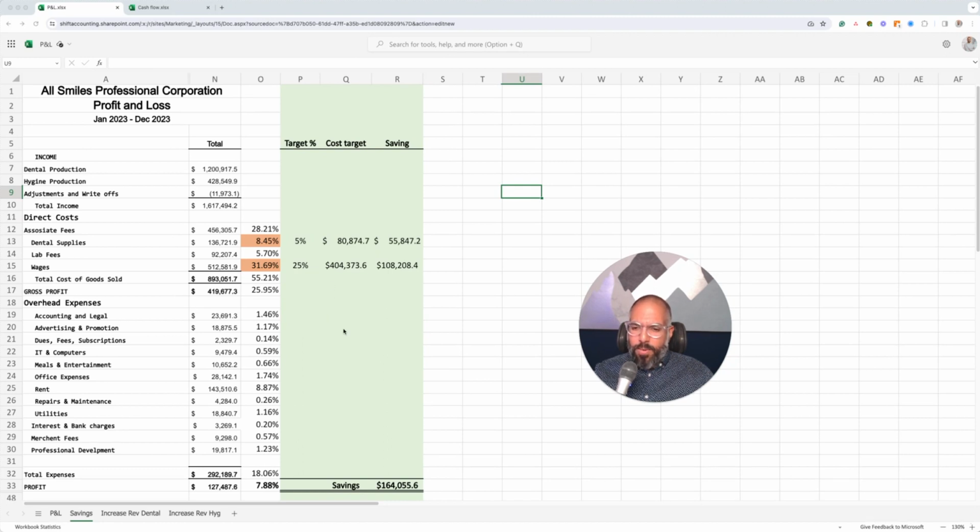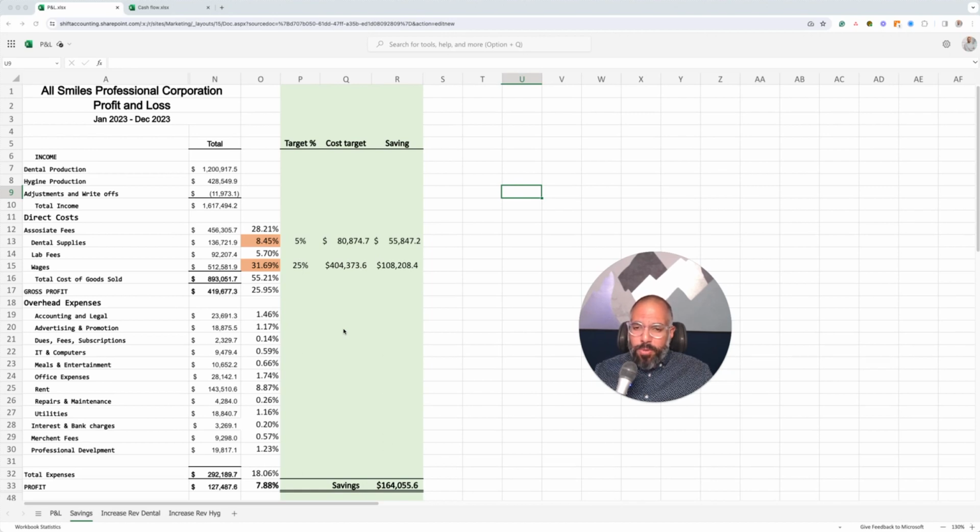Now, how do we go about managing wages, especially when we have a tight labor market and we can't find people to work? I would examine each area separately, meaning what is my wages issue? Is it something in the front? Is it the number of assistants? Is it in hygiene? Where is that issue that I have? And then try to tackle it. To be honest with you, that's a tough one, especially in the conditions that we have.